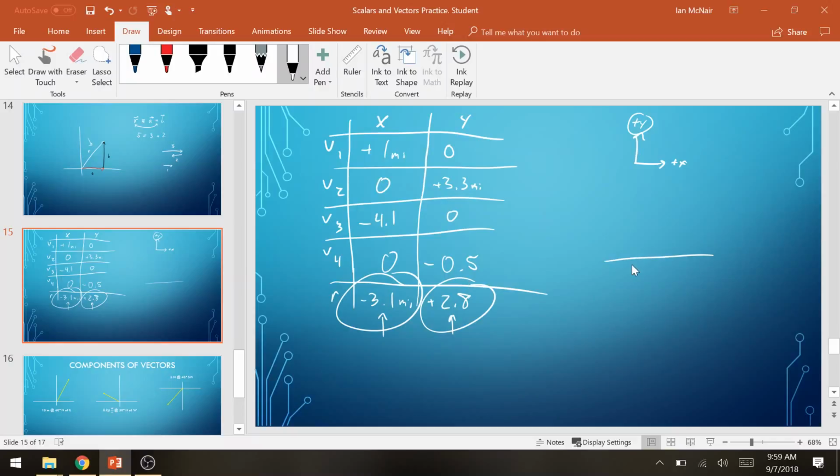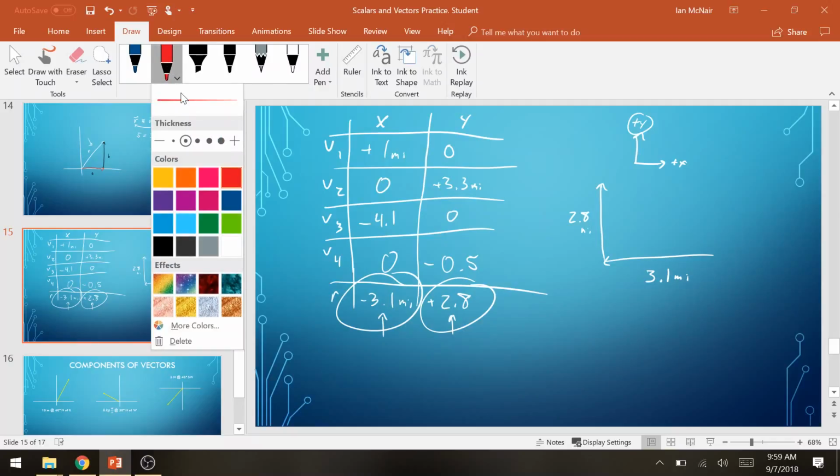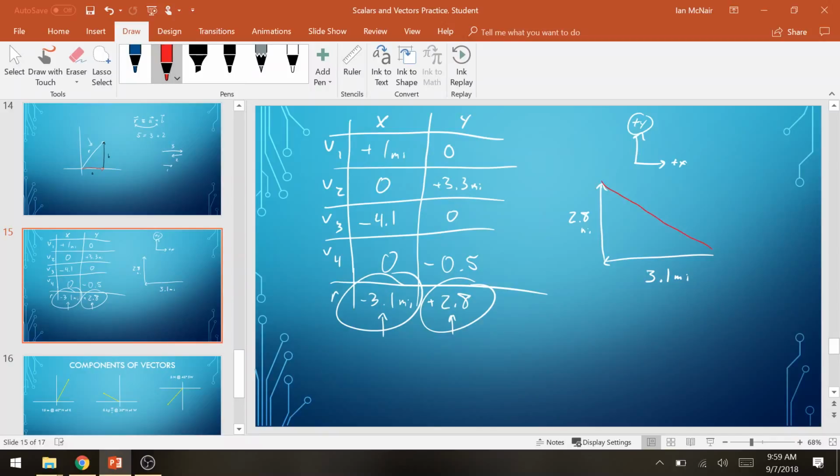I have this one, it says 3.1 miles. Notice, again, I'm no longer keeping the negative because the direction is denoted by the arrow itself. And then I have this other one up here, 2.8 miles. And that's going to give me a vector r that is the sum of all of our vectors. And this is what we want to figure out.